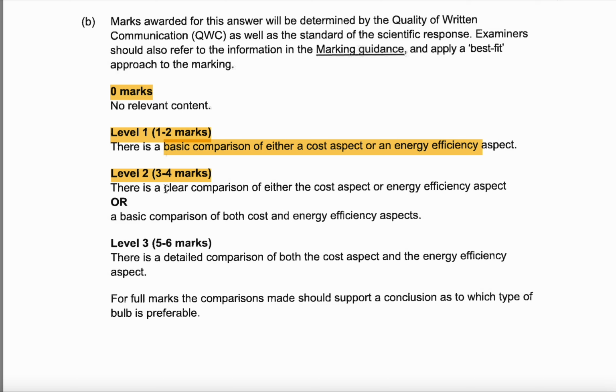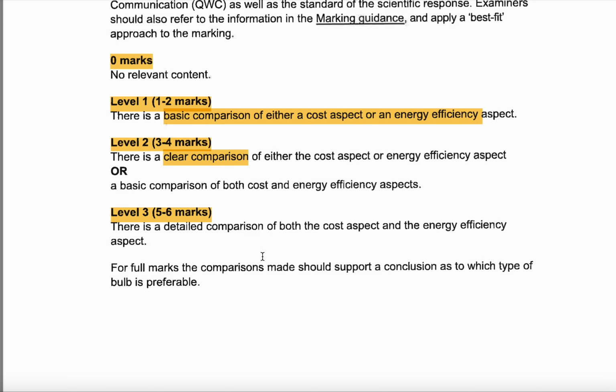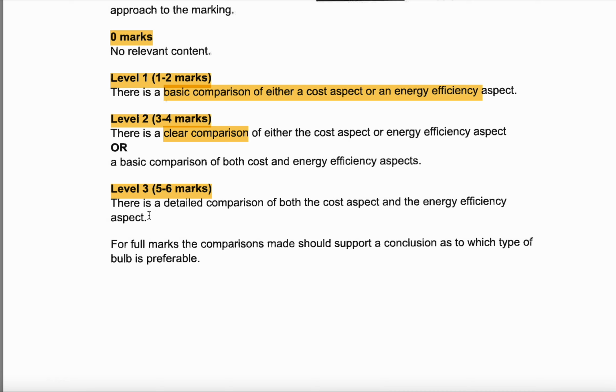This is basic, and here is a clear comparison of the same differentiating factors, the cost or the energy efficiency. And finally, a basic comparison of both cost and energy. So it's basic, but you've done both, you deserve 3 or 4 marks, okay? So it's up to the examiners to read your answer and decide how much you deserve. And then for the 5 to 6 mark answers, which is what they're calling level 3, there is a detailed comparison of both the cost and the energy efficiency.